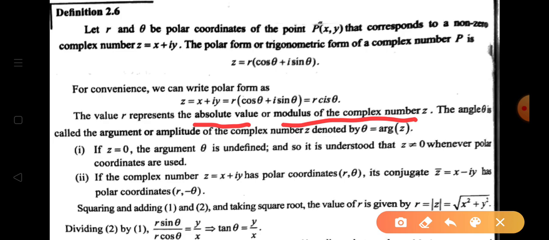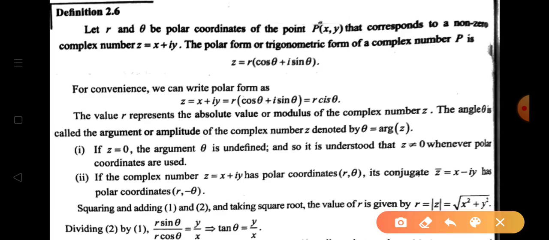The angle theta is called the argument or amplitude. Both have the same meaning. We write argument z or amplitude z of the complex number z, denoted by theta equal to arg z.